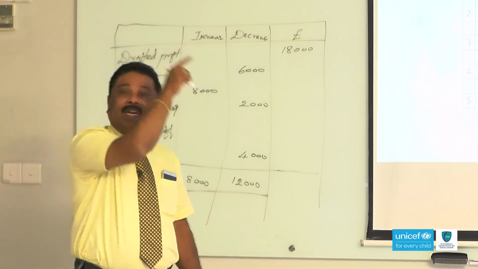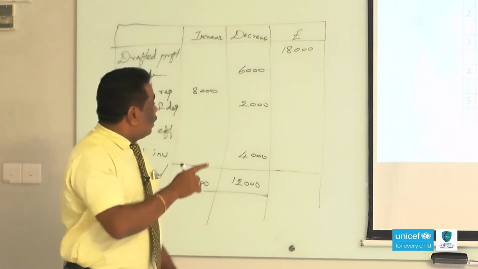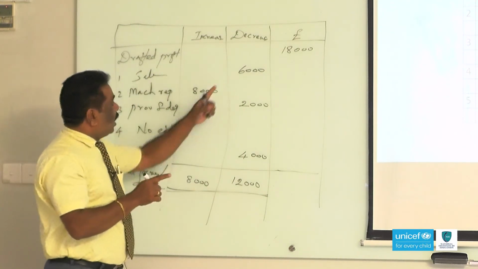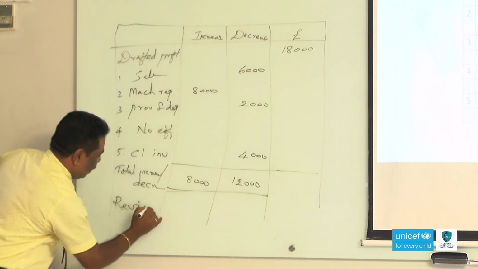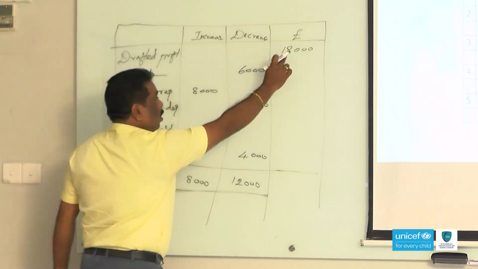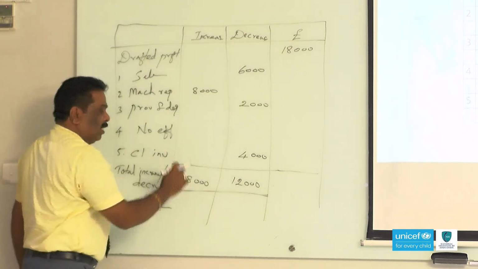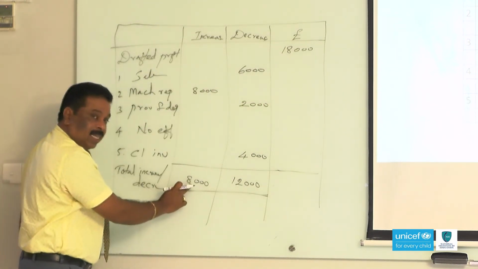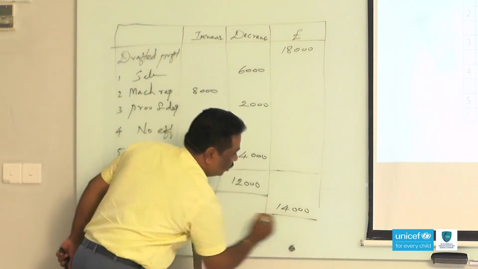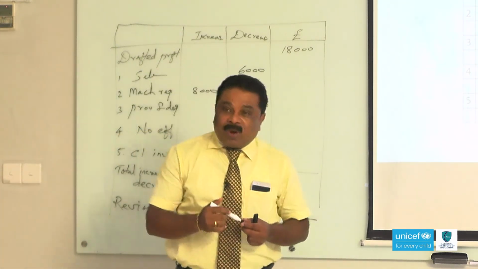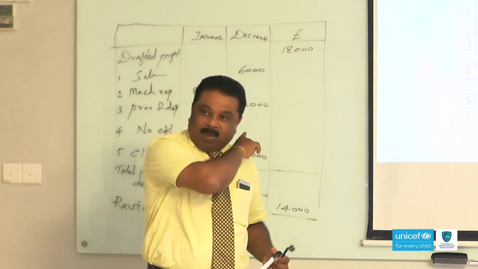How does it affect your revised profit? See here, it will increase by 8,000 and it will decrease by 12,000. Therefore, revised profit is 18,000. It will increase by 8, so 26, and it will decrease by 12, so 14,000 is your answer. I hope you understand how I have demonstrated that.